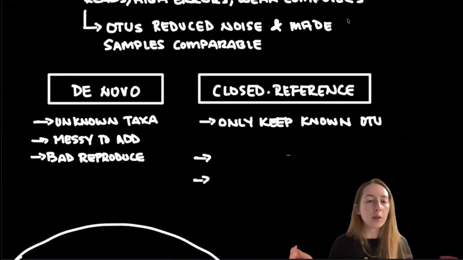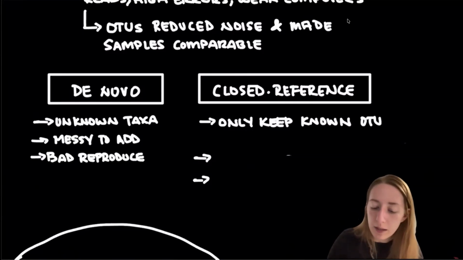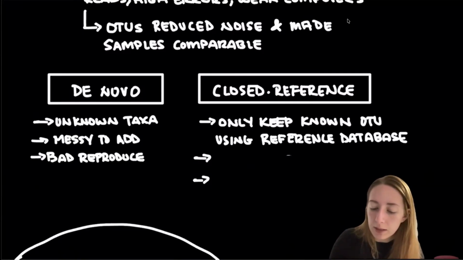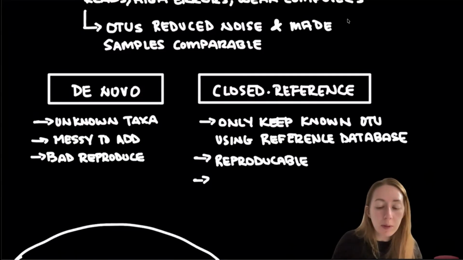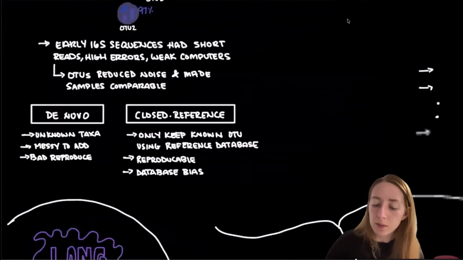However, if we have a closed reference, it will compare every read to something in a database, and if it doesn't recognize it, it will throw it away. And so, yes, only keeping OTUs using a reference database. This is much more reproducible. However, it is very biased depending on which database you use, right?